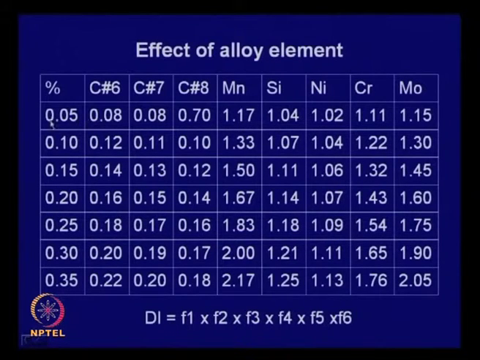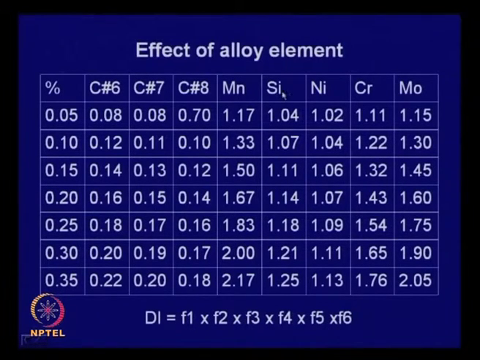If you add 0.05% of manganese, it increases the hardenability of the steel by a factor of 1.15. If it is 0.1, then this factor is 1.33. Likewise, this is for silicon.